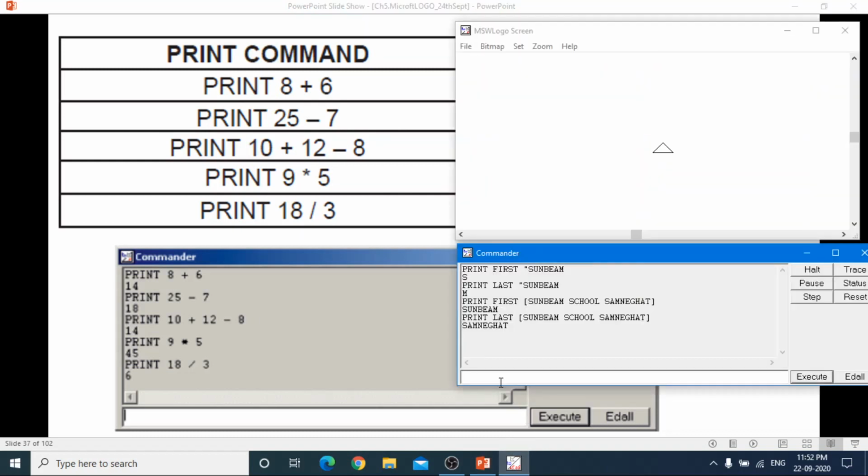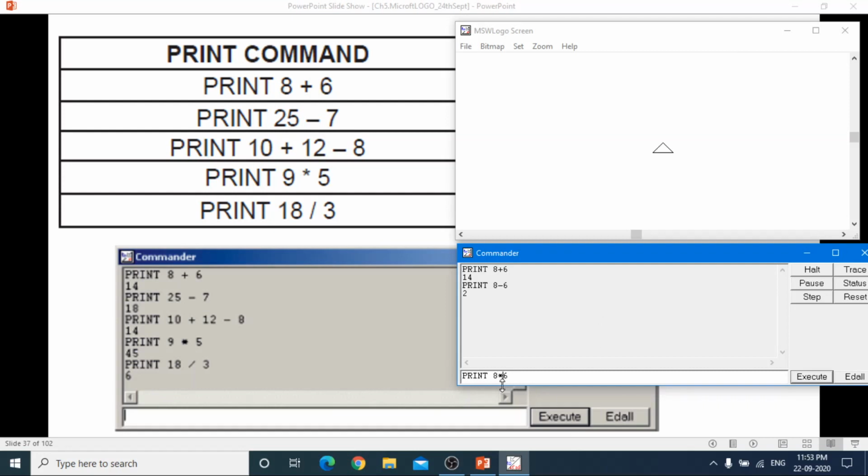See, print space 8 plus 6 and execute it. The answer will be 14. Now print 8 minus 6 for subtraction. The answer will be 2. In the same way, print 8 multiply by 6.